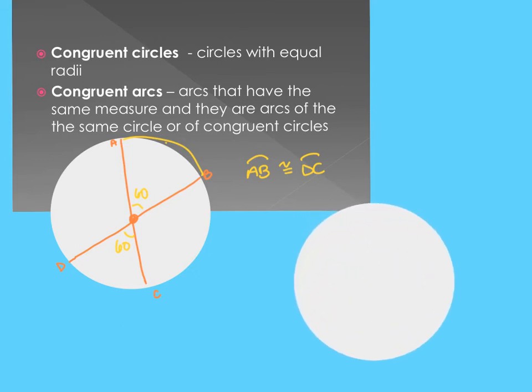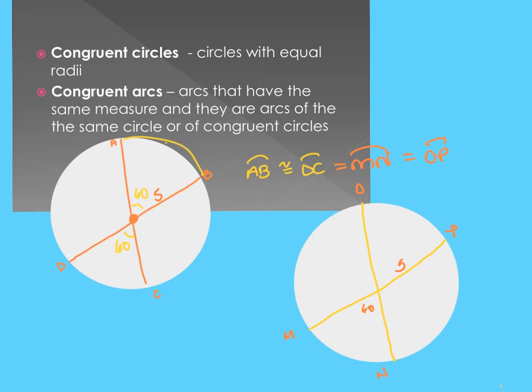How do I know they're congruent? Good. So if I had something like this, and this said 5, and this said 5, now these are congruent circles, okay? And if this said 60 degrees, M, N, O, P, now these are also equal to those.